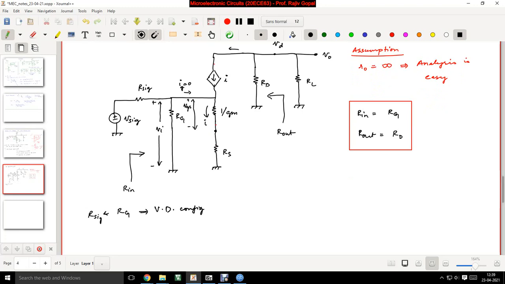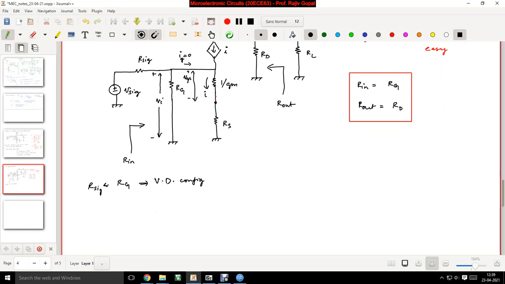So there I can straight away say that VI is RG by R signal plus RG into V signal. This kind of remains the same throughout, right? So since R sig and RG are in voltage divider configuration, I can write VI in this manner.